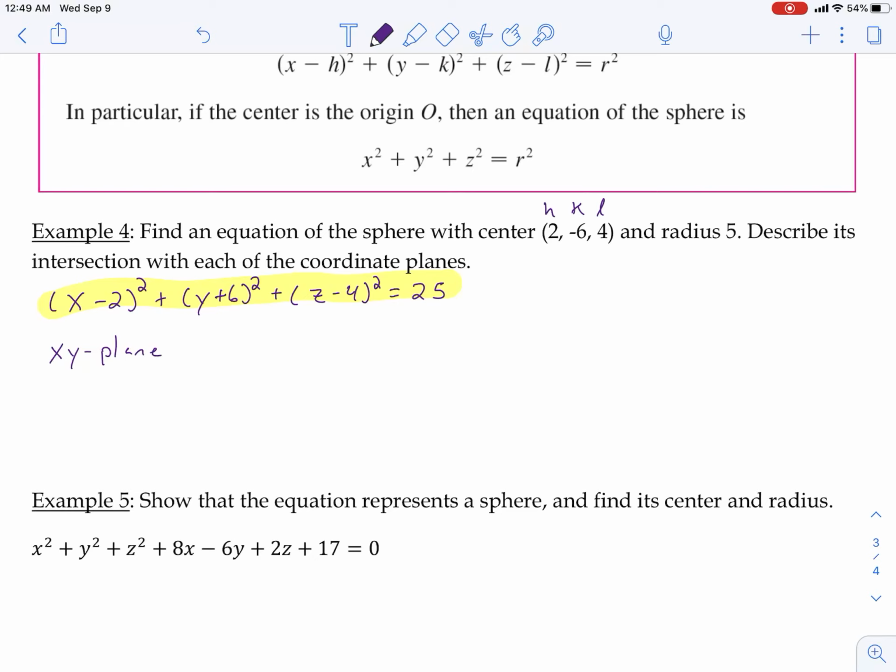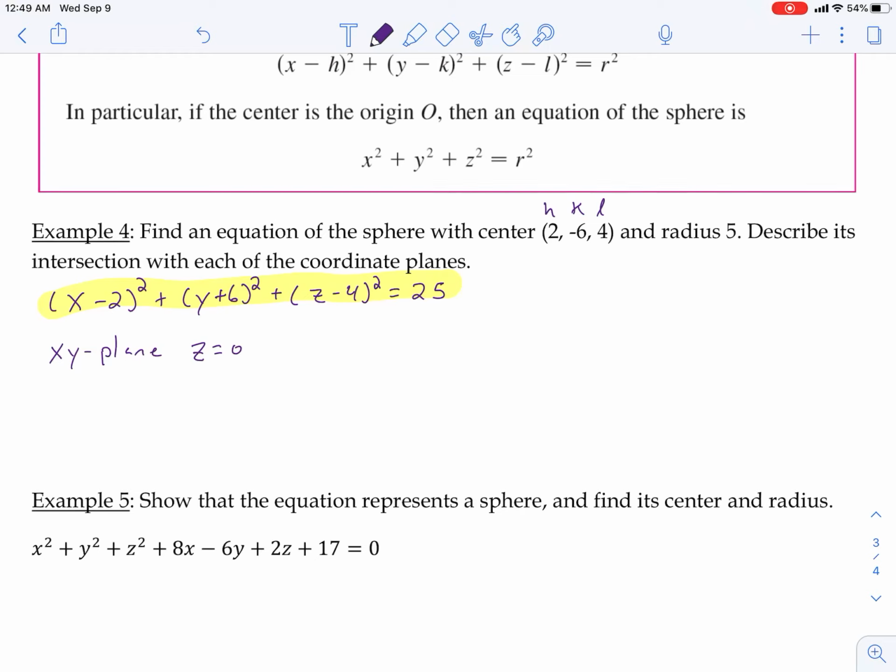The first plane that we're going to use is the xy plane. When our sphere intersects the xy plane, what that means is that z is equal to 0. So all we need to do is substitute z equals 0 into our sphere equation, and we're going to be able to determine what the intersection looks like with the coordinate plane.